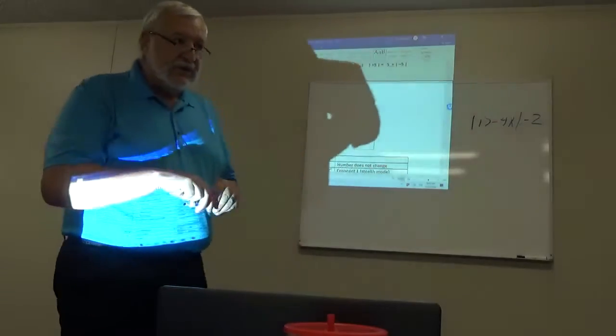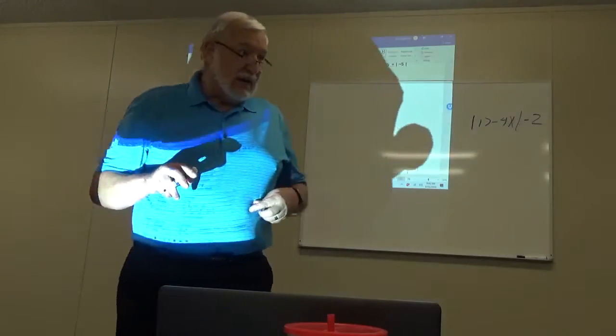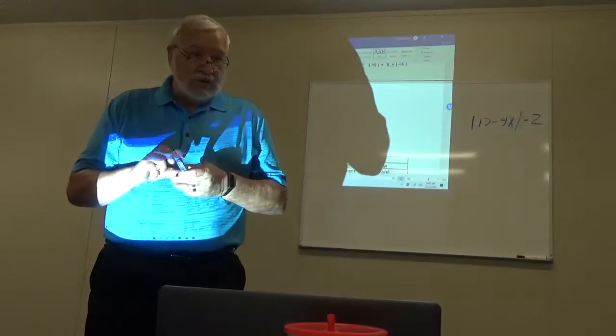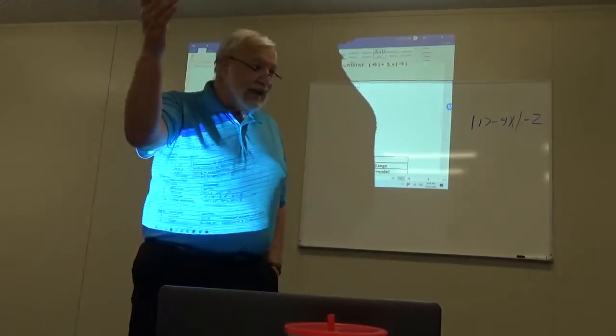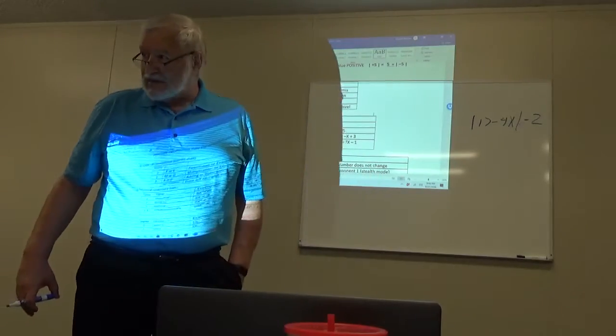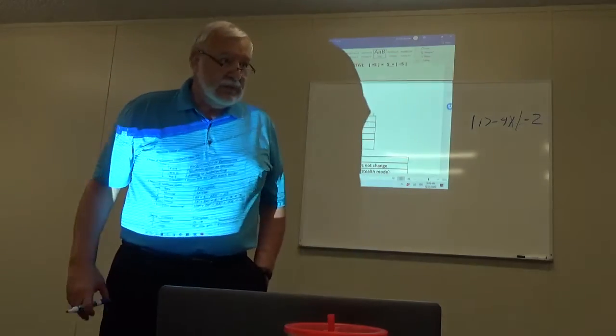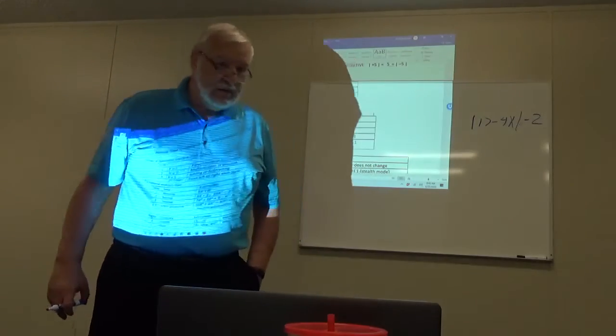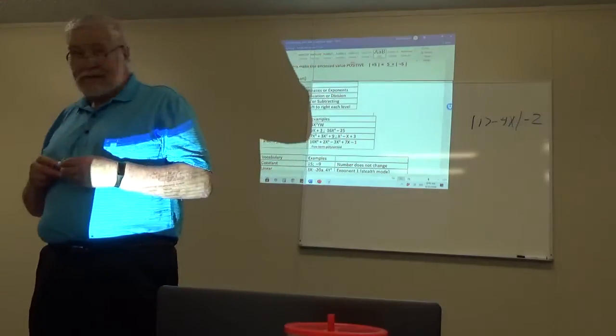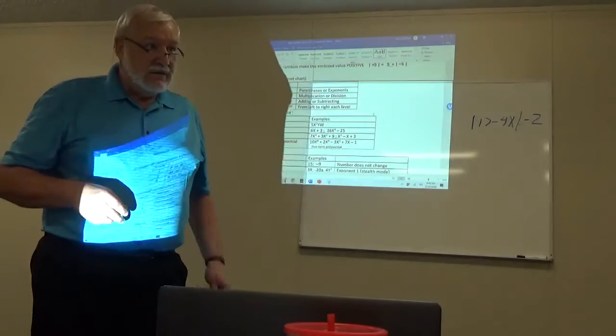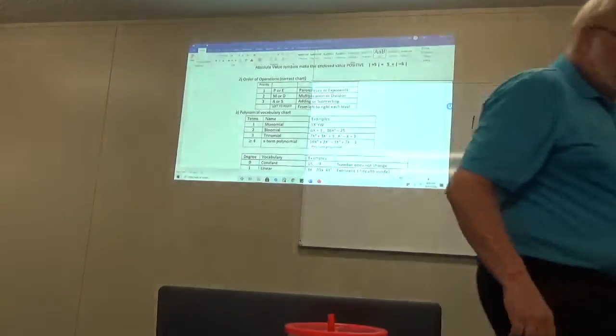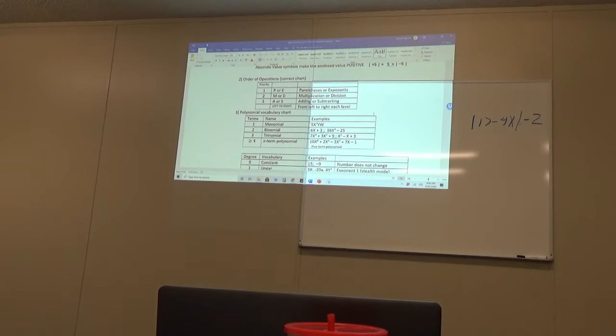So, in order to be able to evaluate that when x is 3, here's what I want you to do. Go to the table, which is second, the last button. Go second table. Go down to where x is 3, and tell me what you see.